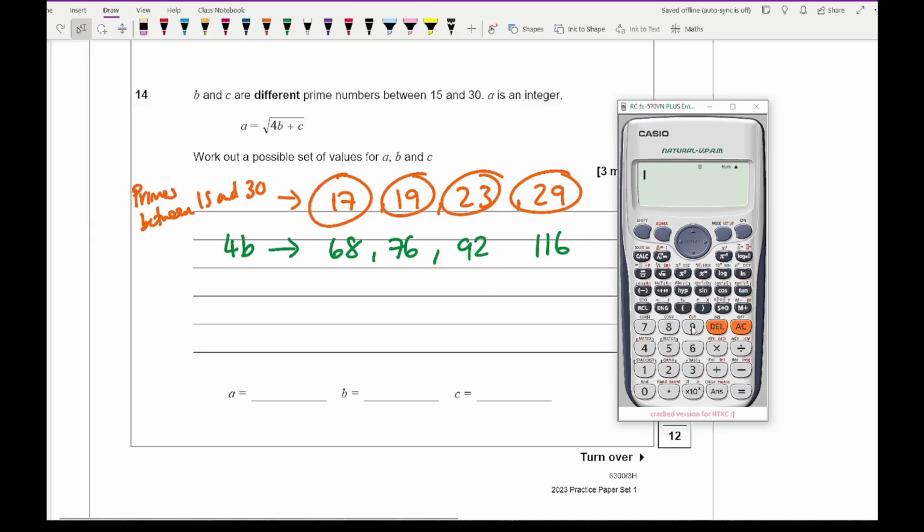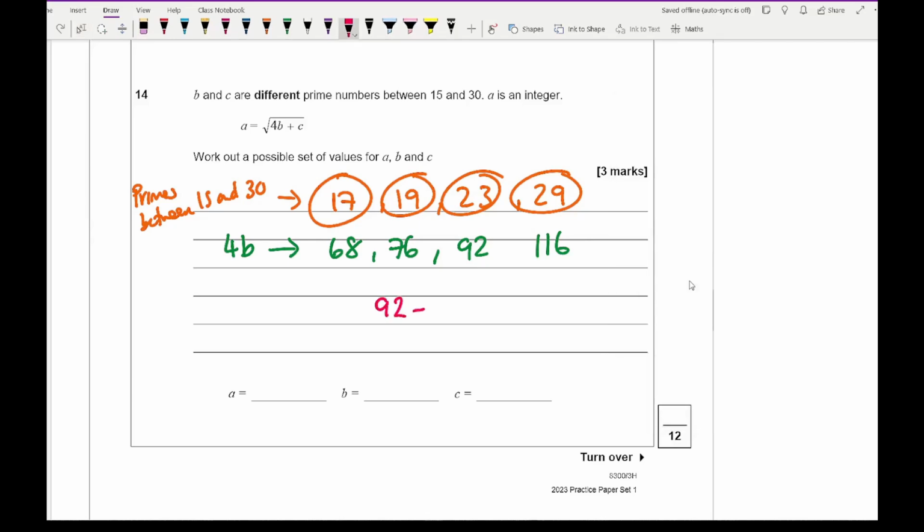So if I then do 29, rather, I've got 92 plus 29 equals 121, so that does work. 121 is a square number, so that means A is going to be the square root of 121, which is 11, B is going to be 23, and C is going to be 29, and that should be fine to get you the 3 marks.